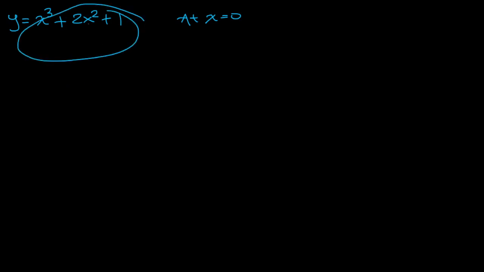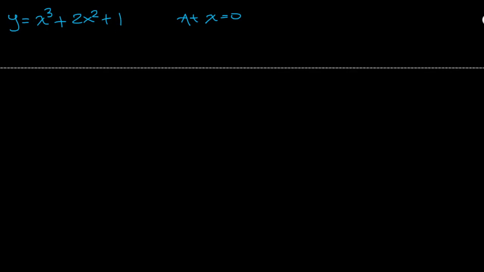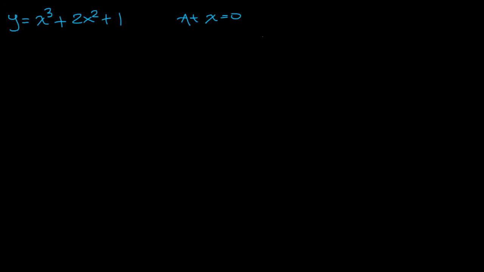So in this case, dy/dx equals 3x squared plus 4x. So the 1 goes away because it is a constant, and when you take the derivative of a constant, that's 0.